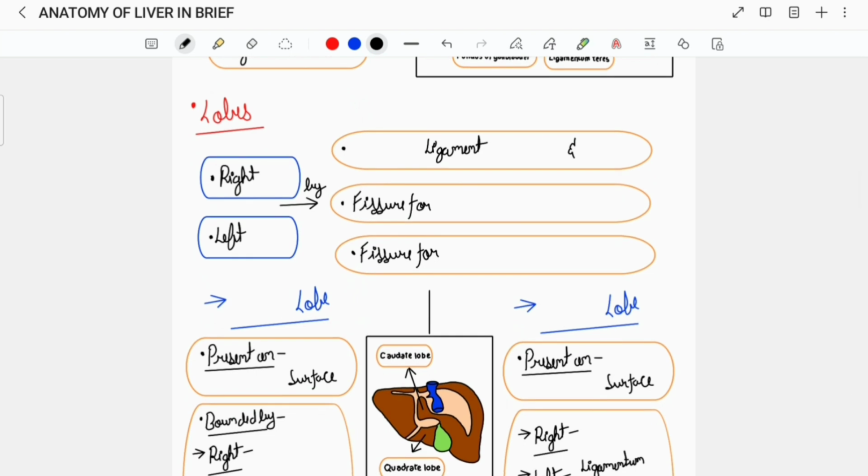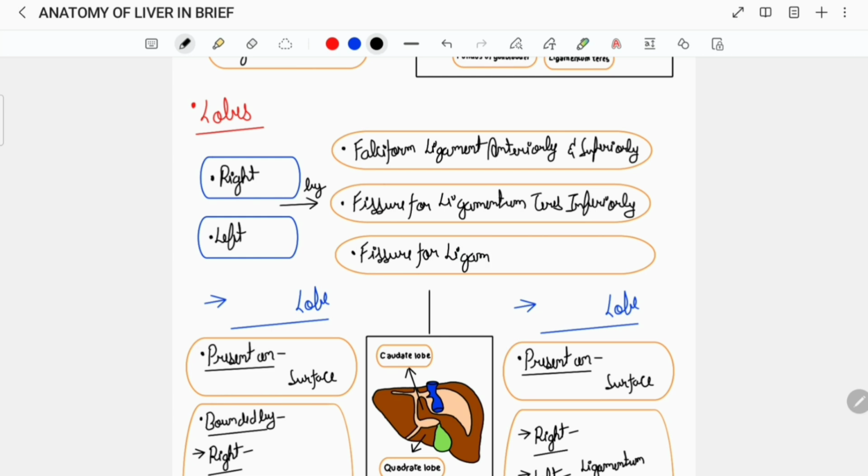The liver is divided into the right and the left lobes by first attachment of the falciform ligament anteriorly and superiorly, second by fissure for ligamentum teres inferiorly, and thirdly by fissure for ligamentum venosum posteriorly.